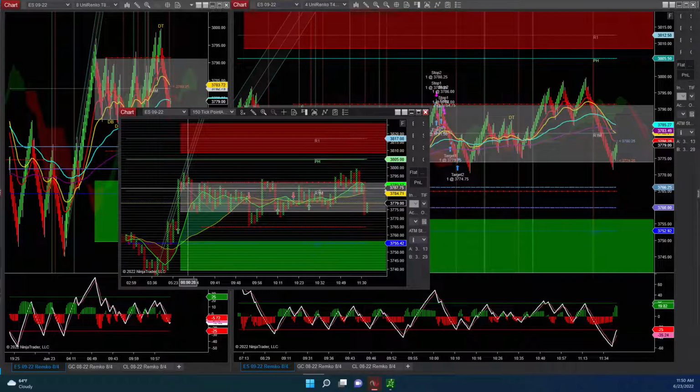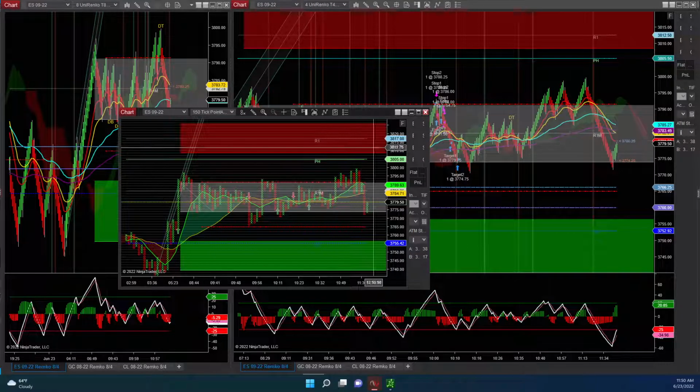So it's kind of in the range here, waiting to break to the upside. That's the reason why I took one of the trades here. Actually, in ES it's 3 trades, and I'm going to explain them now.